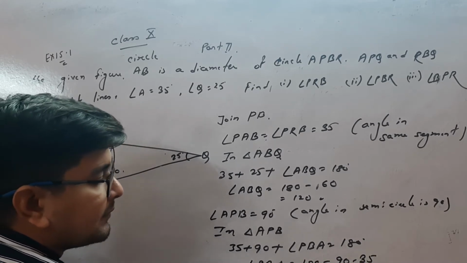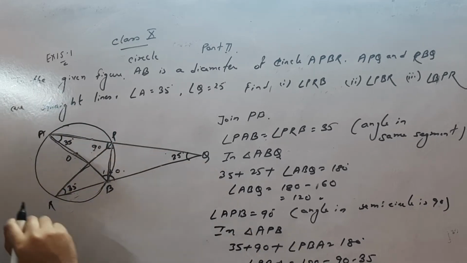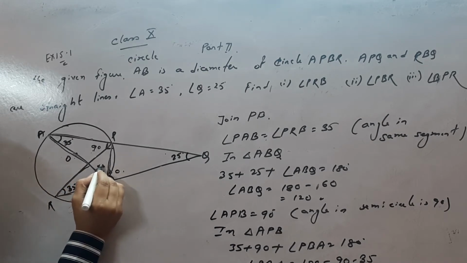That means 180 minus 125, and it's 55. That means from 120 this portion carries 55.